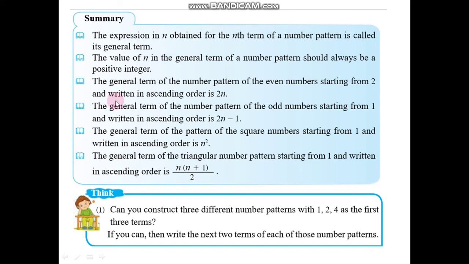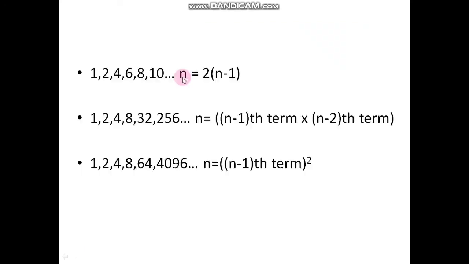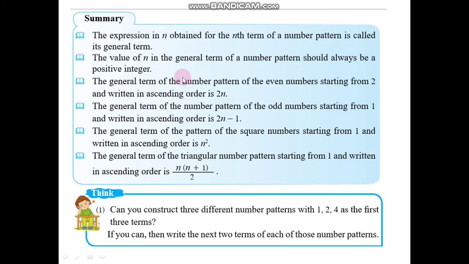The general term of the number pattern of the even numbers starting from 2 and written in ascending order is 2n. Even number, right? An even number is always something we can divide by 2. So simply remember it as 2n.